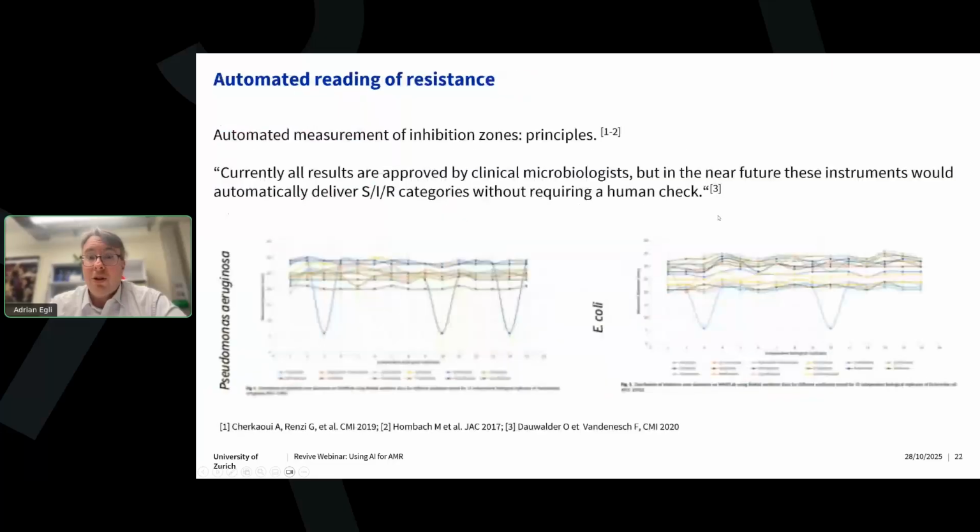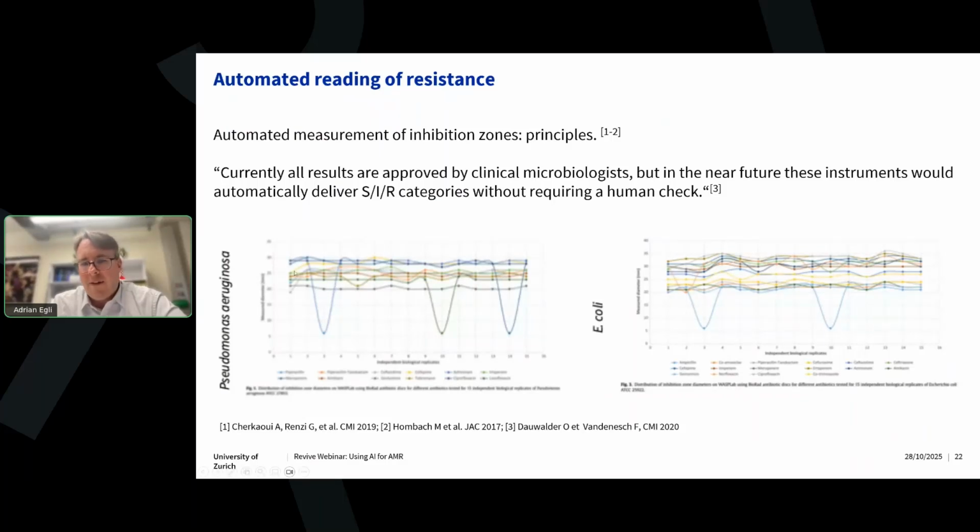And they showed very nice performance. Now, this also works for reading inhibition zones when you use Kirby-Bauer as a disk diffusion method. So here you see two different bacteria, Pseudomonas aeruginosa and Escherichia coli. Each column here, I apologize that the graph is not sharp, is the same bacteria measured over and over again, in total 12 times.